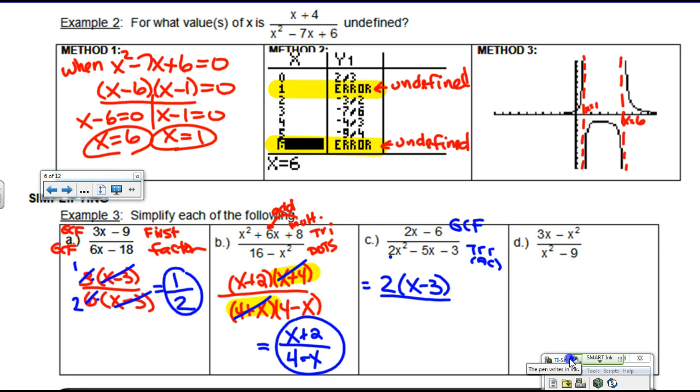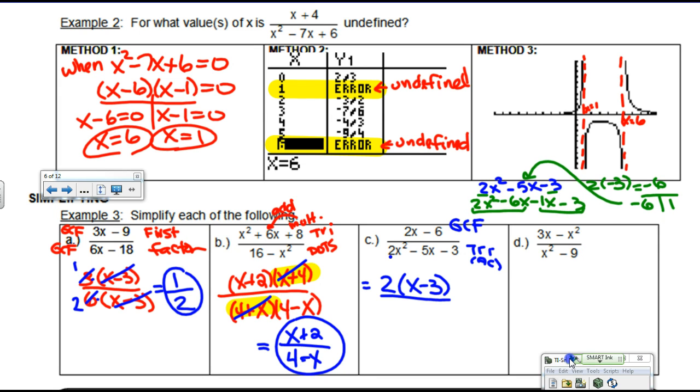Okay, now the bottom denominator, I may do that work up here. All right, so I'm going to multiply the A and C numbers, figure out which factors add up to -5, and I'm going to split that. Okay, then I'm going to do GCF by making my groups. 2x times x minus 3 for the first group.